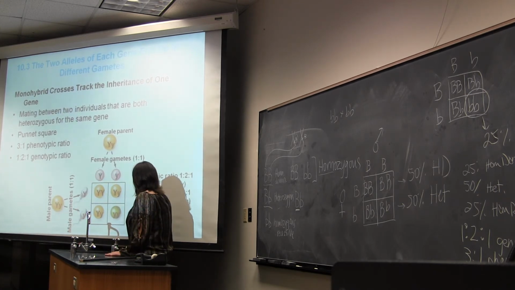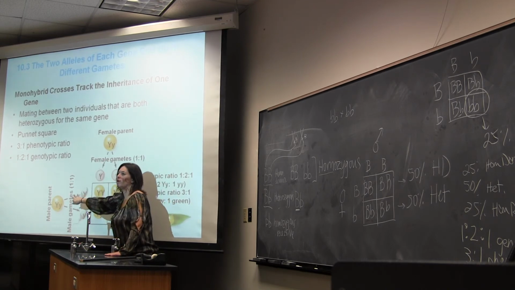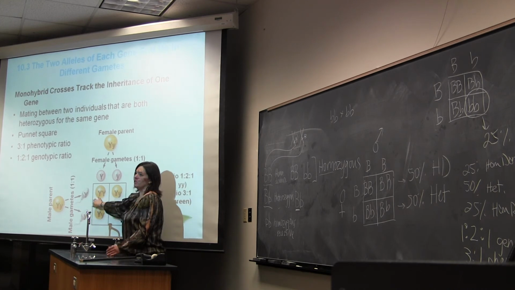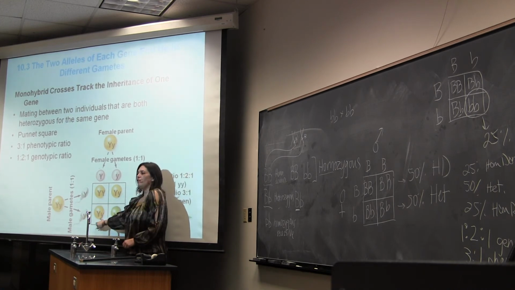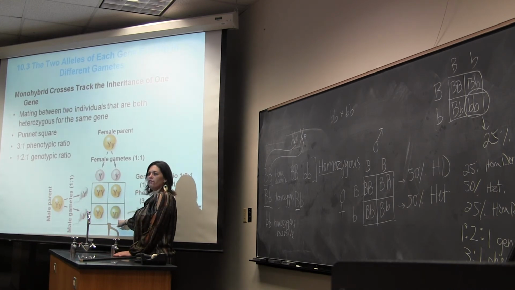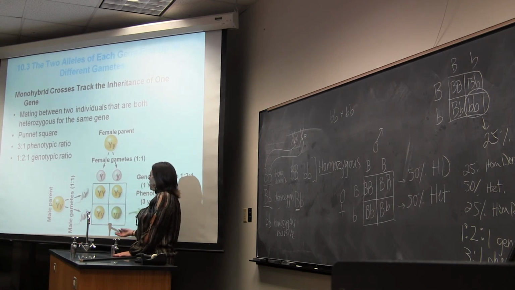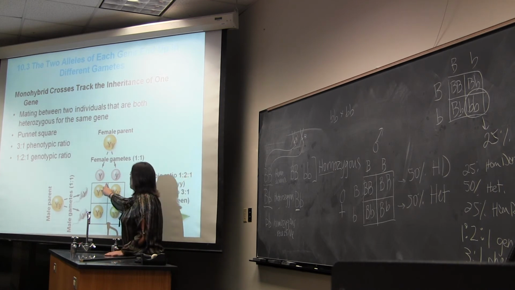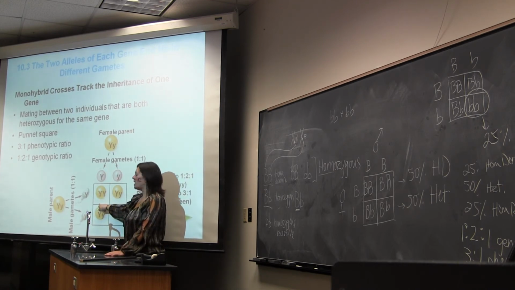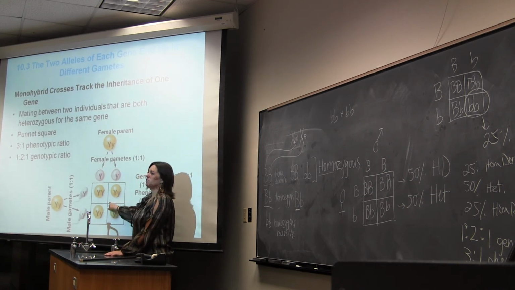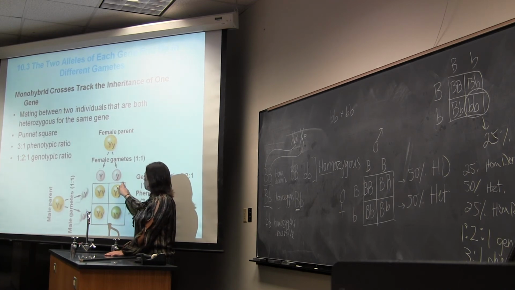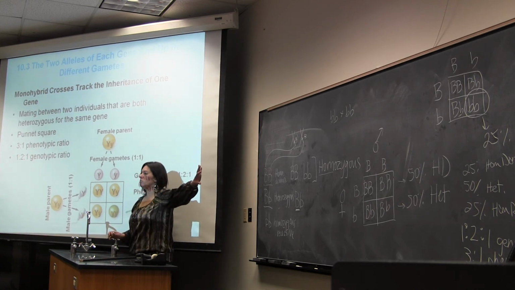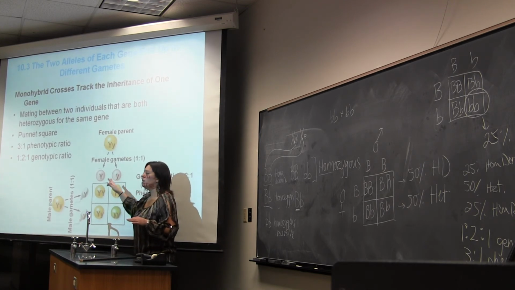And again, when you cross a heterozygous to a heterozygous, you're going to end up with a 3 to 1 phenotypic ratio, in other words, 75% yellow and 25% green. And you're going to have this 1 to 2 to 1 genotypic ratio: 25% homozygous dominant, 25% homozygous recessive, and then 50% heterozygous. So it's just what we talked about, just using a different trait.